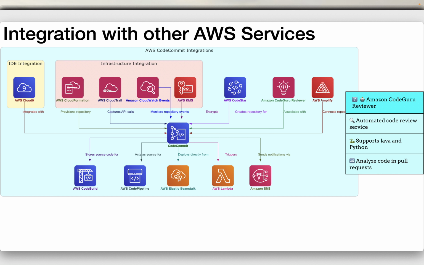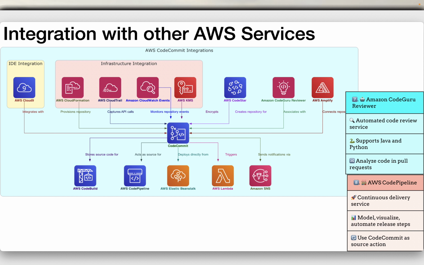You can associate CodeCommit repositories with CodeGuru Reviewer for automated code analysis in pull requests. CodePipeline is a continuous delivery service for modeling, visualizing, and automating software release steps. You can configure it to use a CodeCommit repository as a source action and automate building, testing, and deployment.